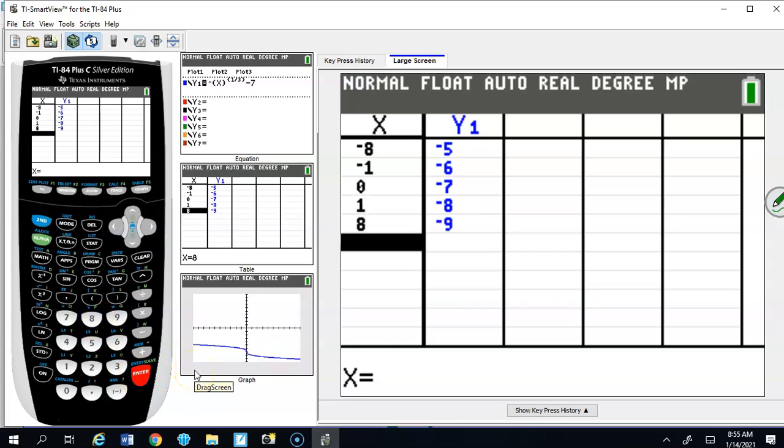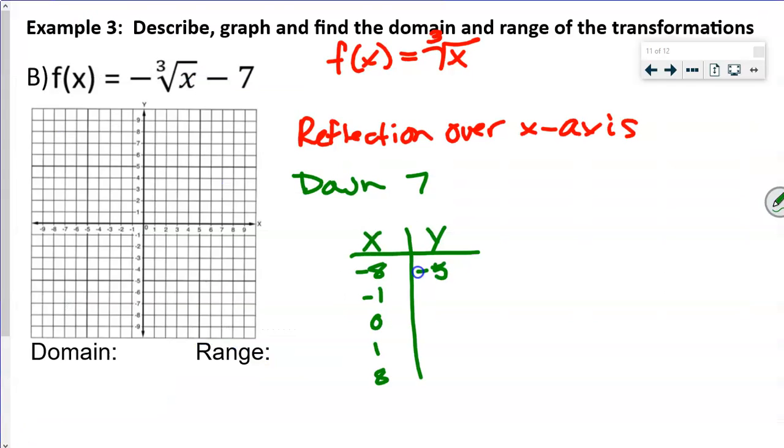So notice what we got. So now I would take these values and I would put them in my table, and then I would use those to graph, okay? So now I'm putting those values that I got in here. And again, you guys can do this manually, but you can also use your calculators to do it.